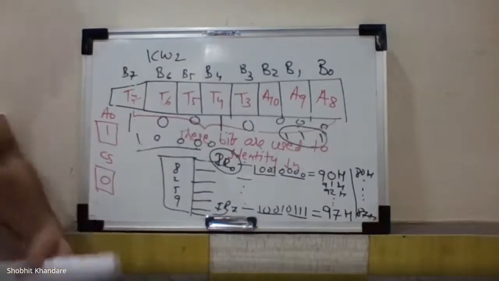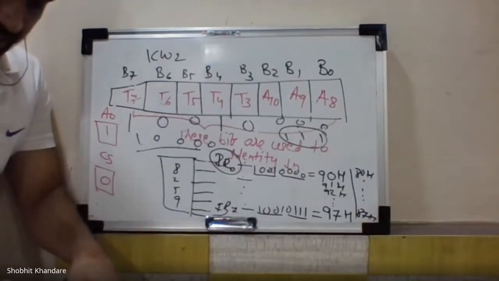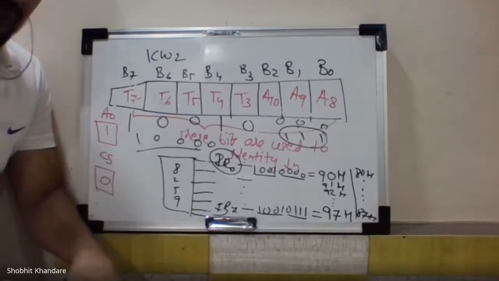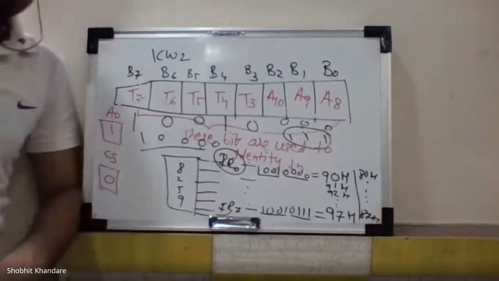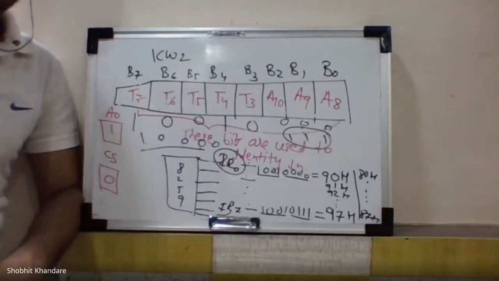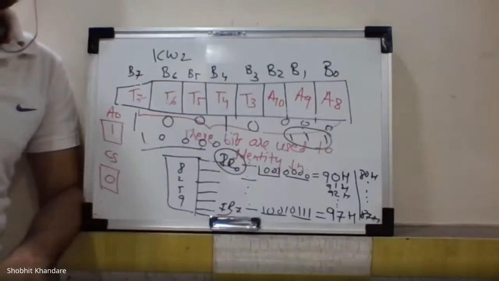Write down: In 8086, ICW2 is used to program the interrupt type number and associate an interrupt type number to interrupt request IR0 to IR7.